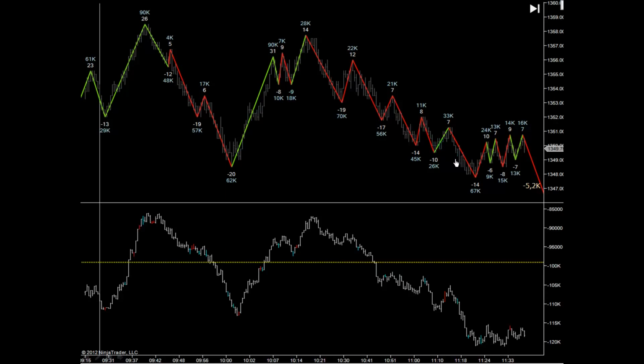Now, as we get to 1347.50 here, we start up this move to 1351. And looking at the chart, you have to say that looks like the market bottoming out. It does look like a reversal, but if you look down at the delta, is the delta shifting up considerably there?